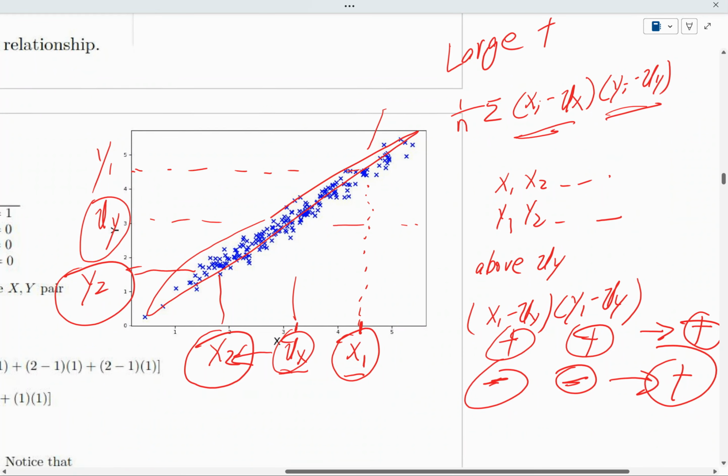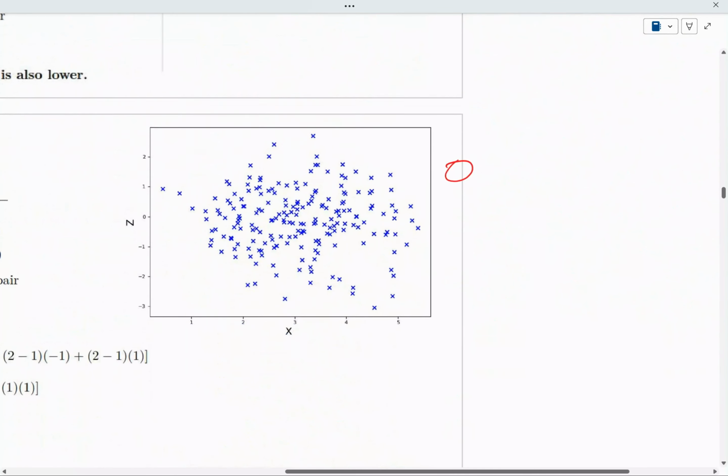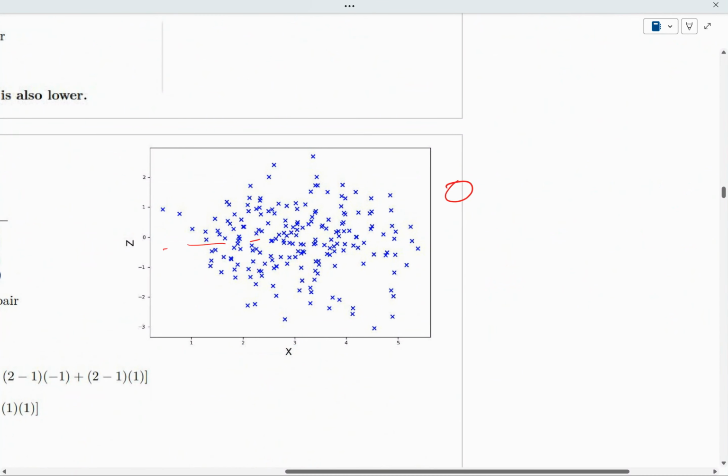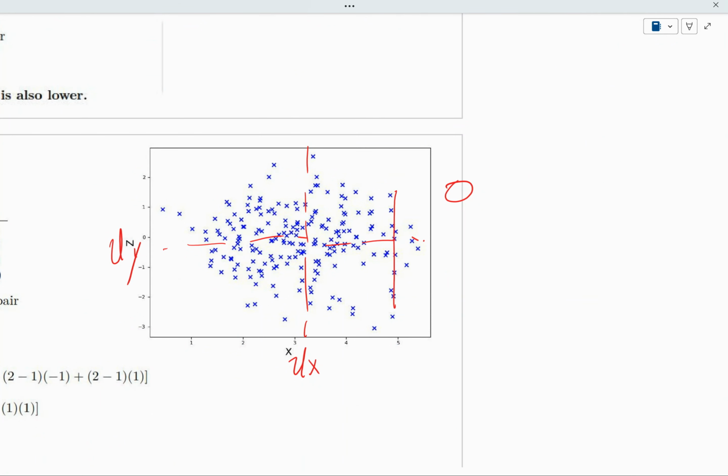Now, this same relationship doesn't hold when we have just noise. This right here is pretty close to noise, right? So you can see that this is the average x, mu x, and this is mu y. Now, if you pick a point x1, it's not more likely that y is going to be here. Instead, y could be here, here, here, here.